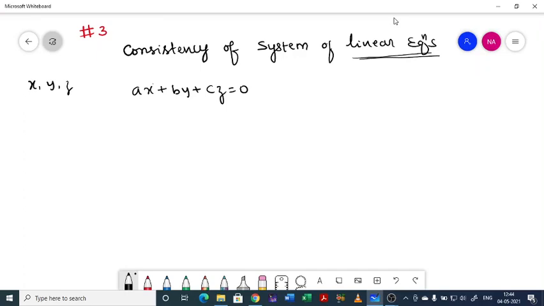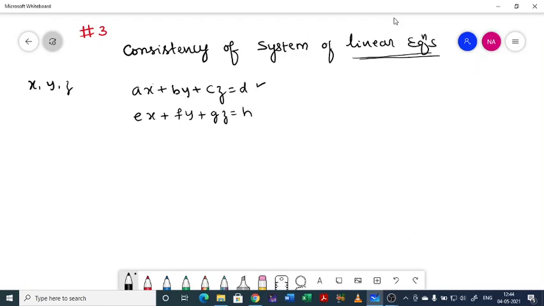Now we have a system of linear equations. A system is just a collection of linear equations. Suppose there are 2 or 3. We can write ax plus by plus cz equal to d, and similarly ex plus fy plus gz equal to h.